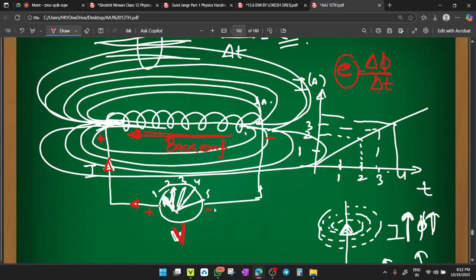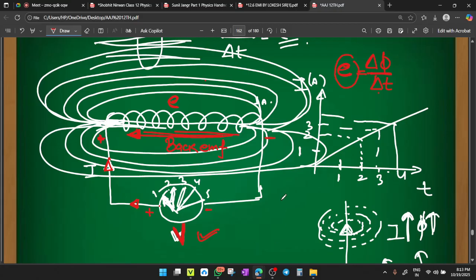This is called back EMF. So an EMF is produced, and this phenomenon is called self-induction because this EMF arises in the same coil where you have applied your main EMF. Against that, there is a rise of back EMF, and this process is called self-induction.